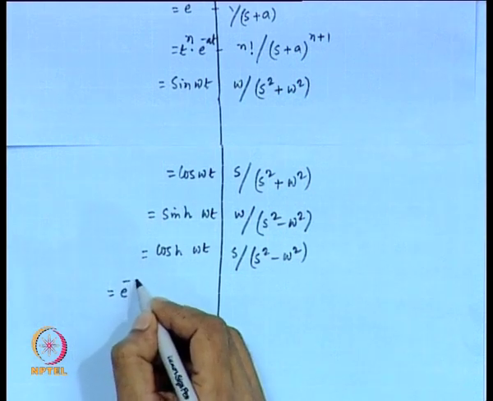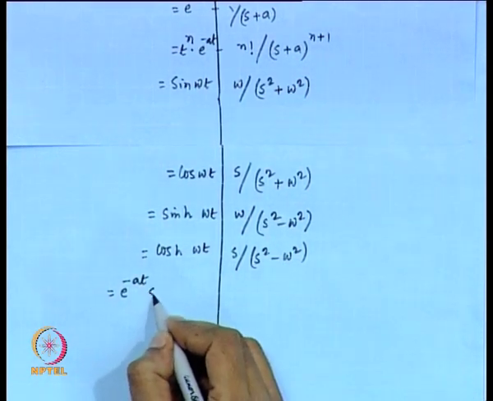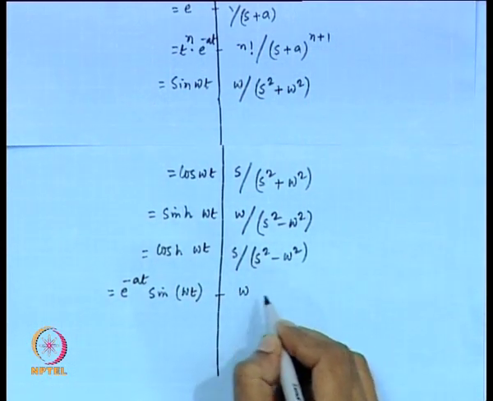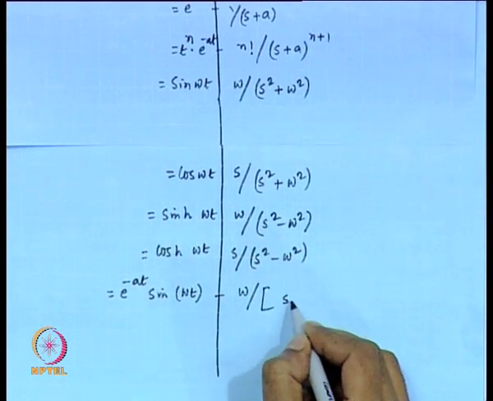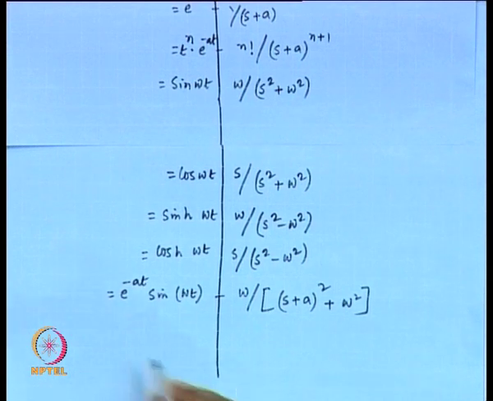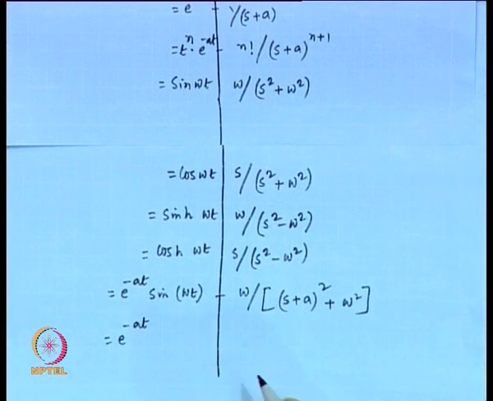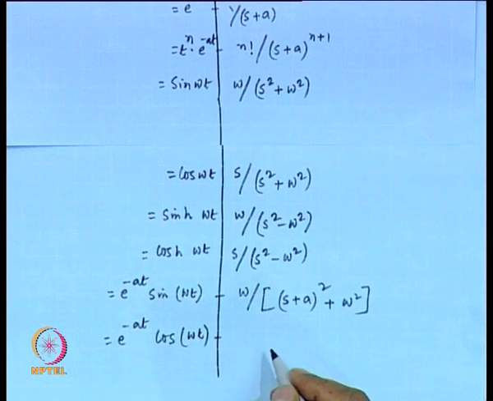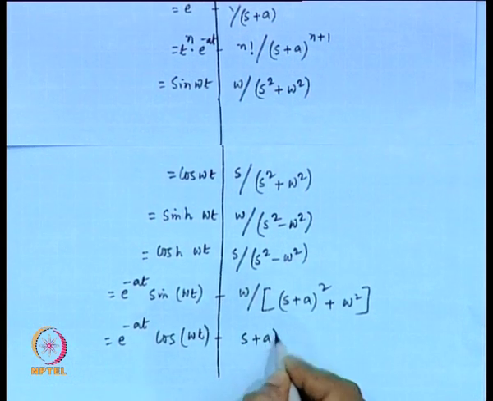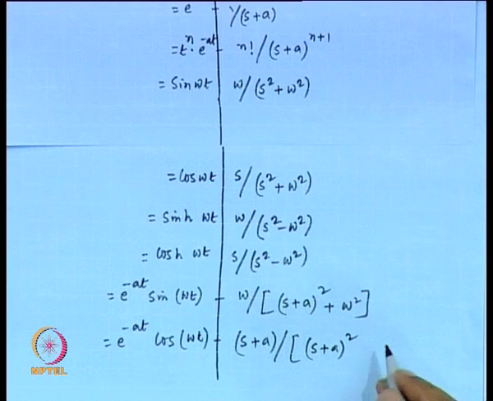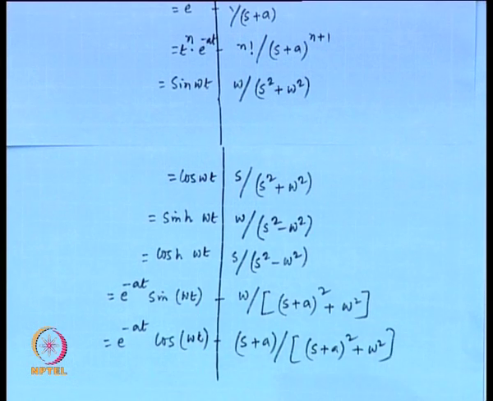Next one is exponential of minus a t sin omega t. Laplace transform is omega divided by s plus a whole square plus omega square, and e to the power minus a t cos omega t has s plus a divided by s plus a whole square plus omega square.